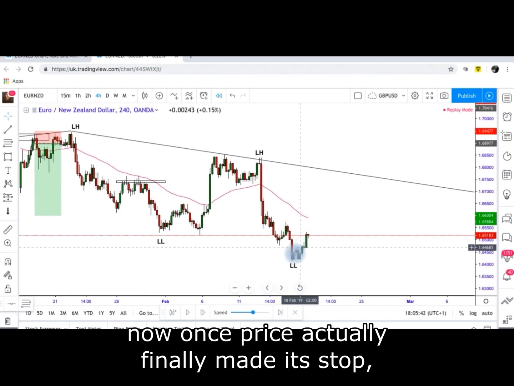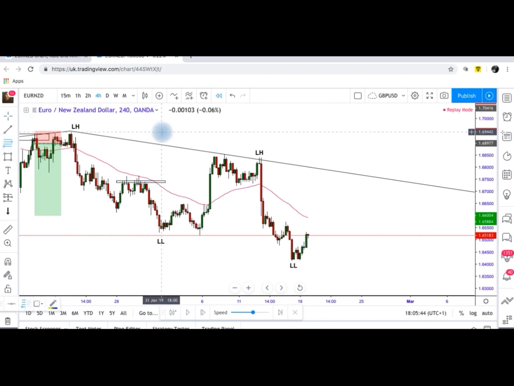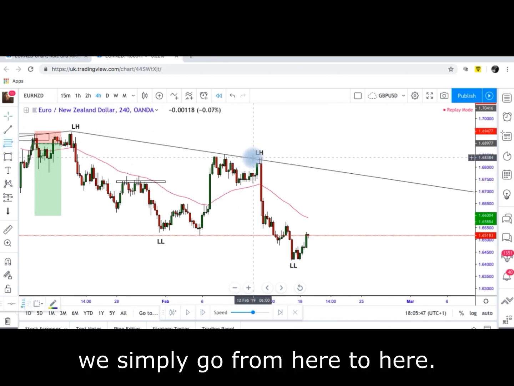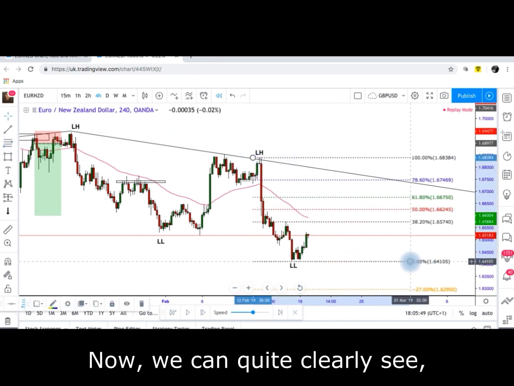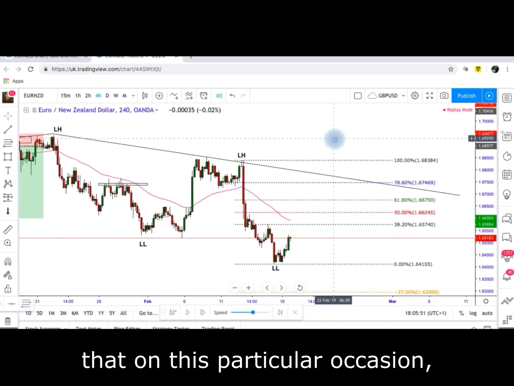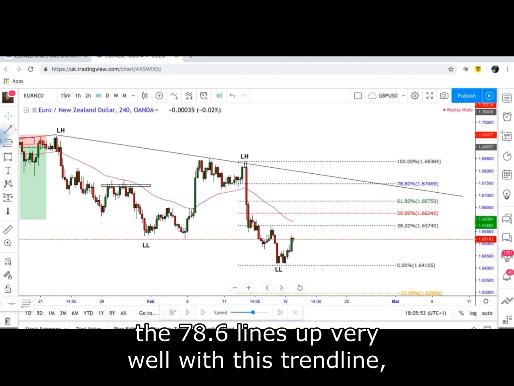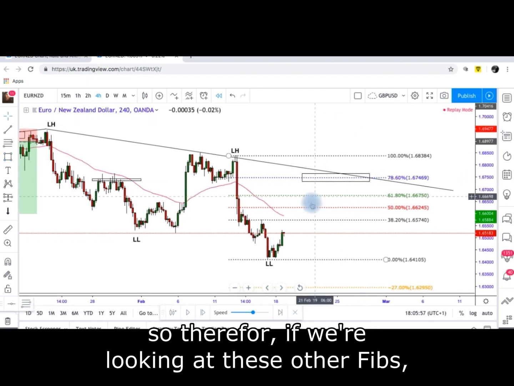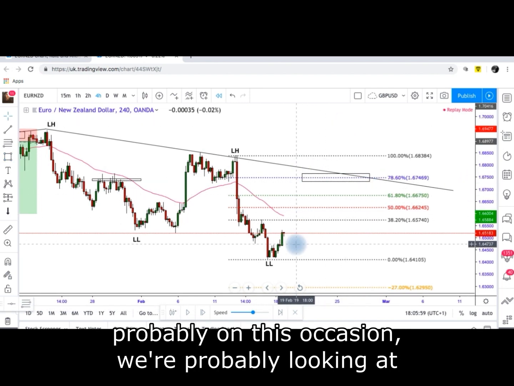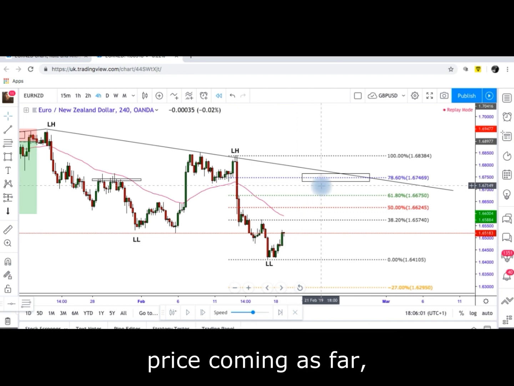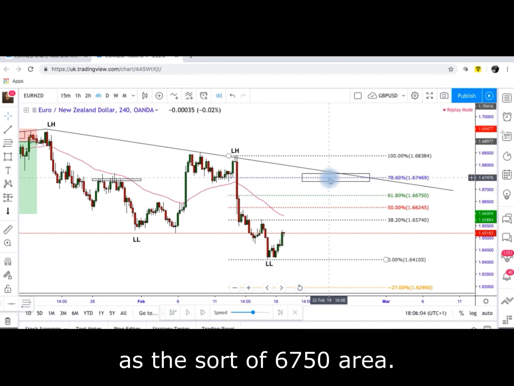Now, once price finally made its stop, we can simply go from here to here. We can quite clearly see that on this particular occasion, the 78.6 lines up very well with this trend line. So if we're looking at these other fibs, on this occasion we're probably looking at price coming as far as the 67 to 50 area.